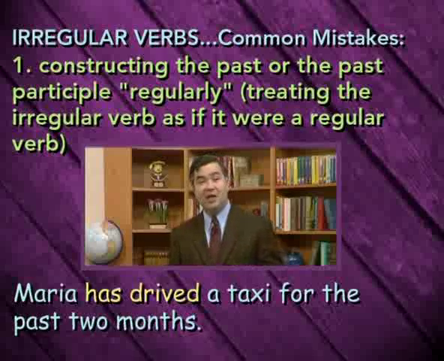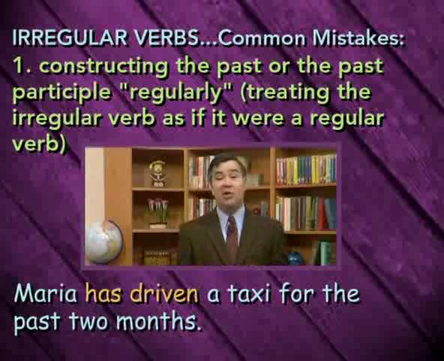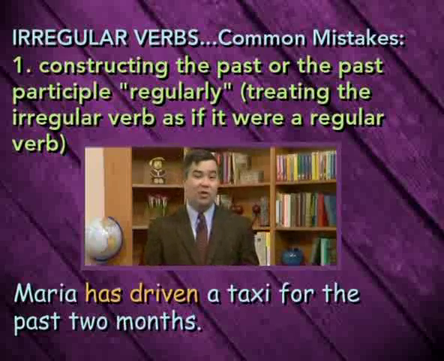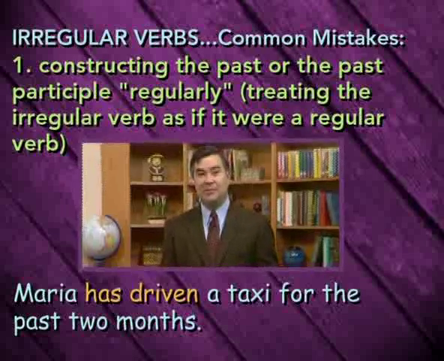And as you can see in your study guide, the past participle of drive is driven. And that would be the form of the verb that you would use with the helping verb to have. The sentence correctly should read, Maria has driven a taxi for the past 2 months. So once again, remember that irregular verbs form their past and past participle forms not simply by adding ed, but in different and somewhat unpredictable ways.